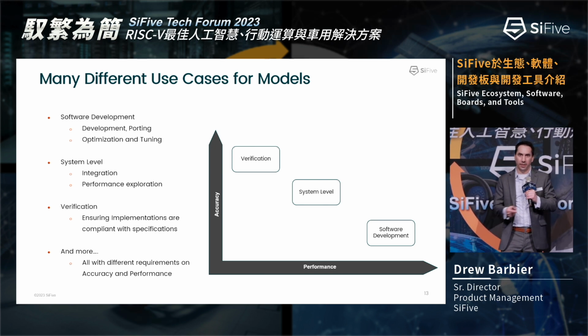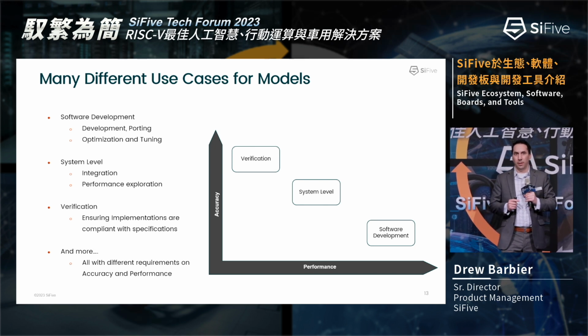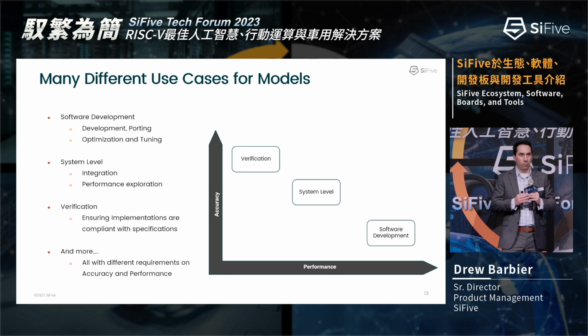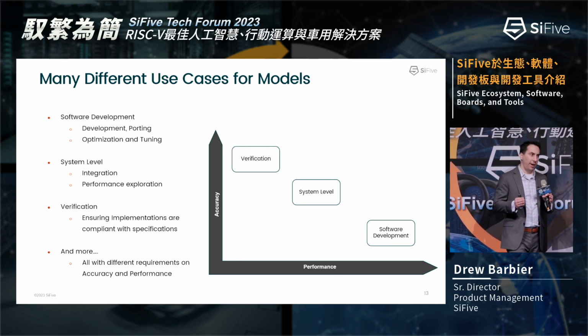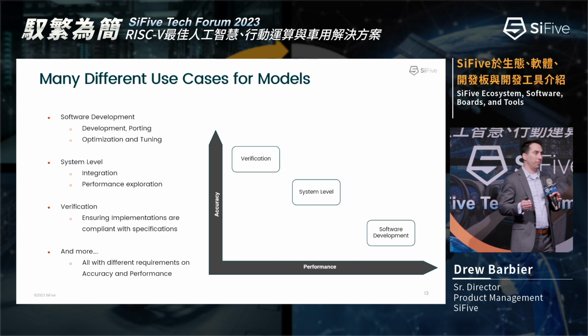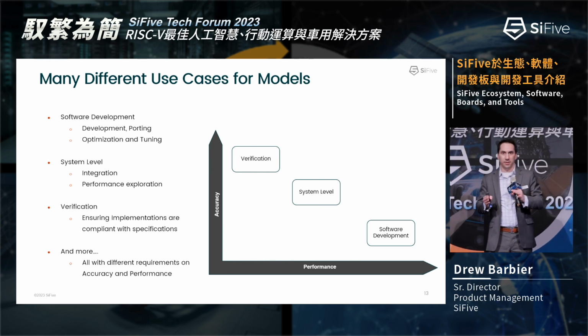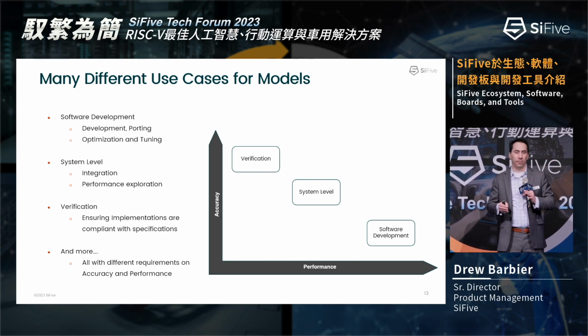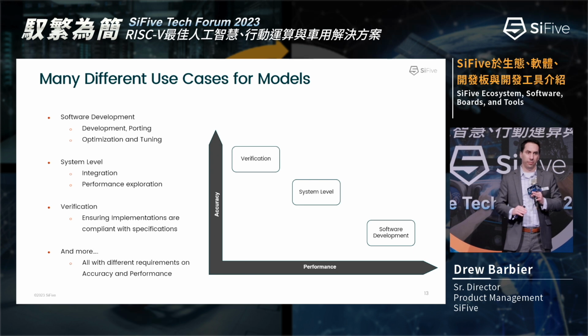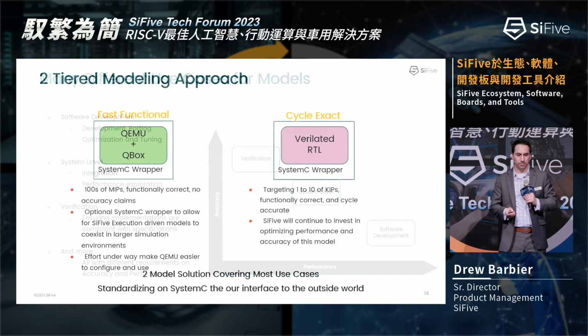And then there's everything in between. So, the point here is that requirements on models vary depending on who the developer is. And chances are there is no one model that can cover all of these performance points or all of these use cases. It's just not possible.